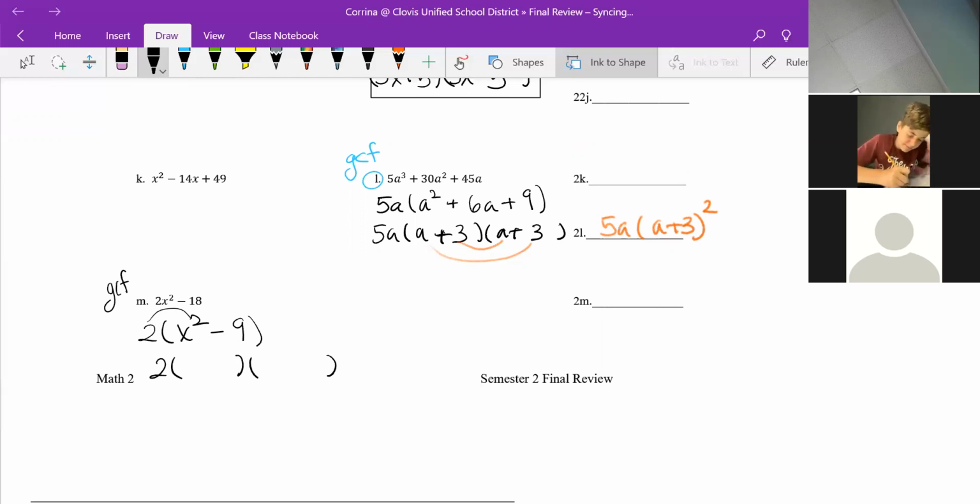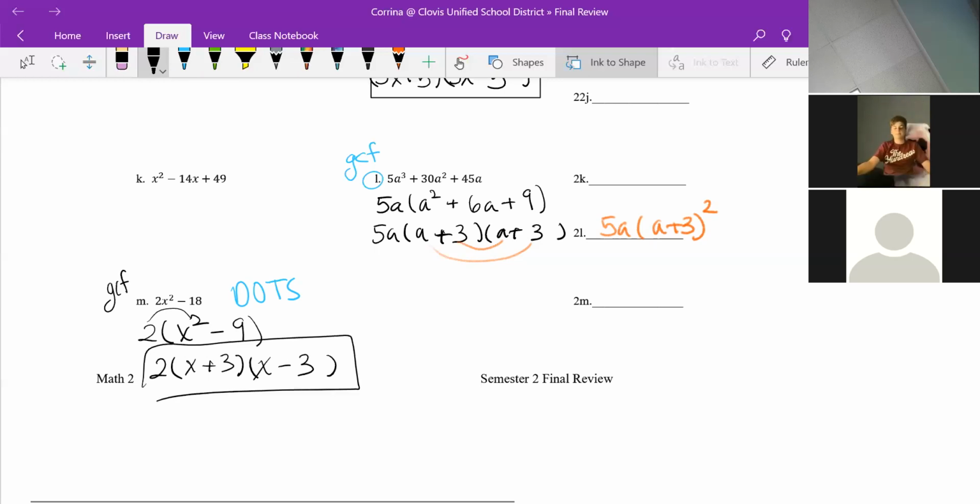So now we're doing dots? It'll be x plus and x minus, and then 3 in both of them. Yep. And that there is your answer.